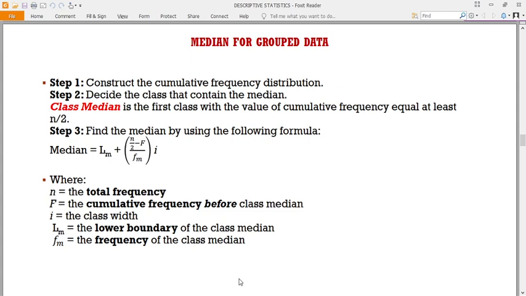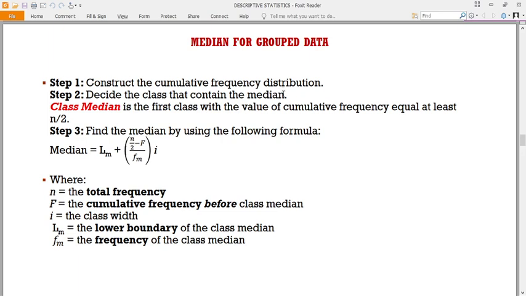So that was for ungrouped data, but in case the data is grouped, the first step is to always construct what we call a cumulative frequency distribution, or we add a column that has cumulative frequency. The next step will be to decide the class that contains the median.